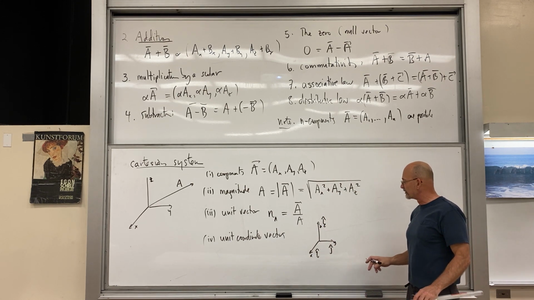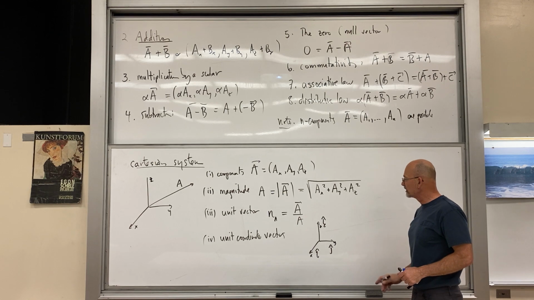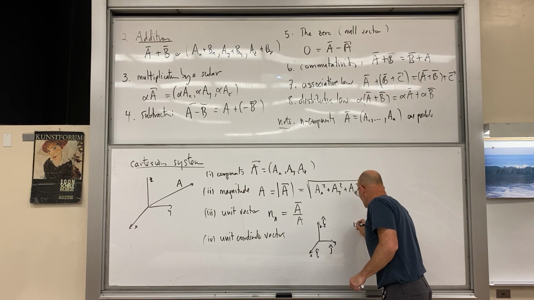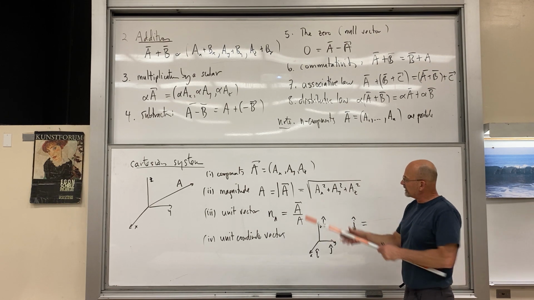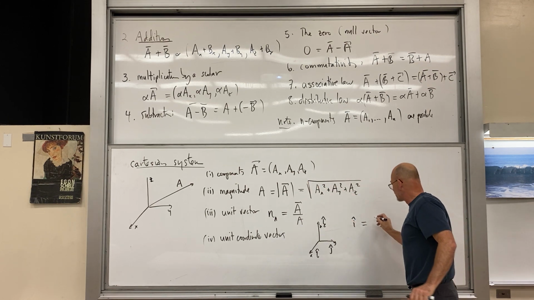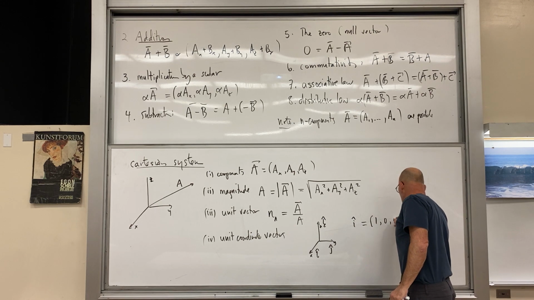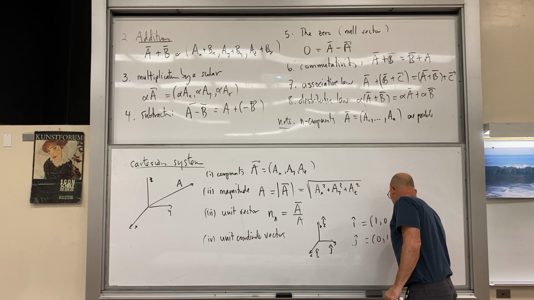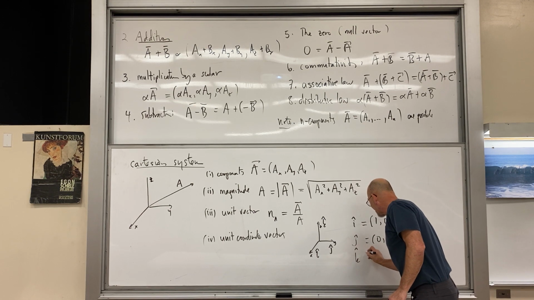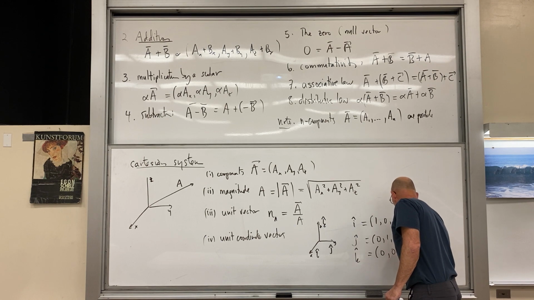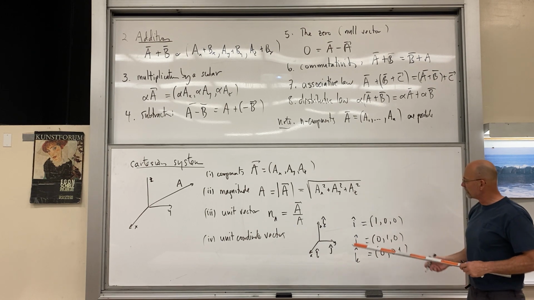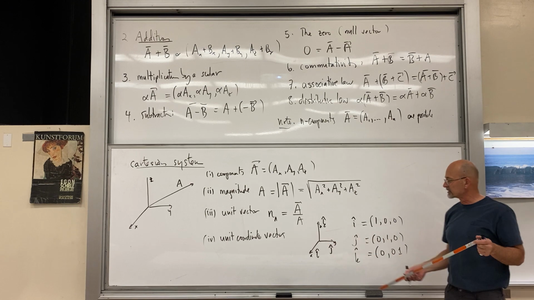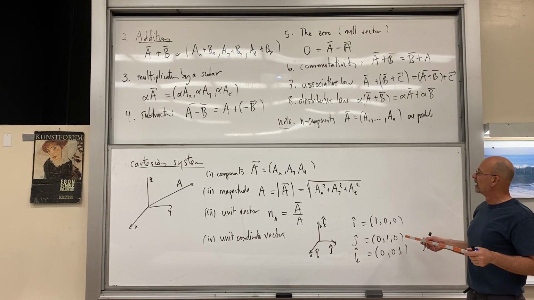You've possibly seen that before. So these are the unit coordinate vectors, and i hat in the ordered triple form is going to be 1, 0, 0. J hat is going to be 0, 1, 0, and k hat is going to be 0, 0, 1. Right? And by all these definitions, they're clearly unit vectors, and we've got the directions of them as well.